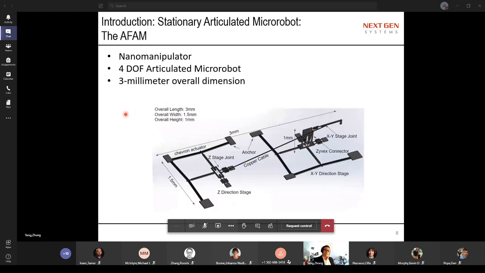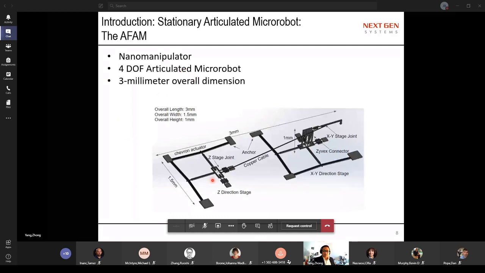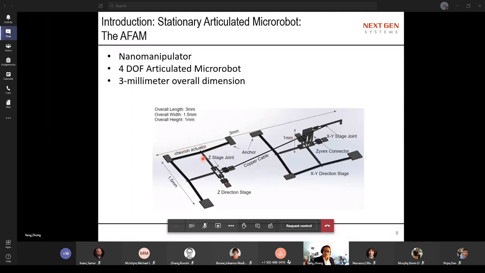For the stationary microrobot, I researched the articulated microrobot AFM. This is a nano manipulator. This is the old design. You can see this robot has two micro stages, and each micro stage is driven by a chevron thermal actuator.